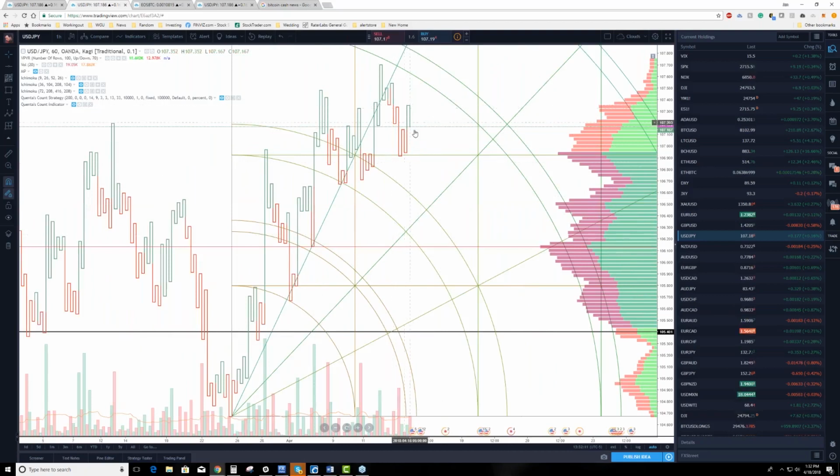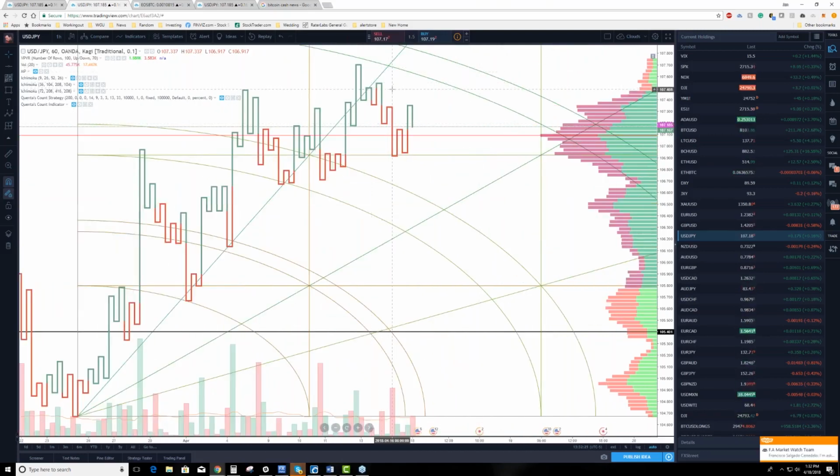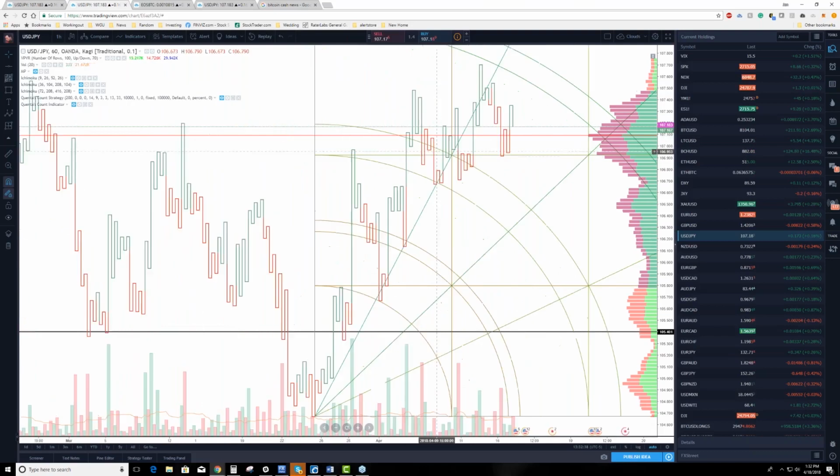So if price were to return back down to this 45-degree angle and we had a shoulder crossover where it turned green, then we would have a good buying entry. But notice how when we crossed below this angle and we started to paint red crossovers, that was a good indication to go short at that level.